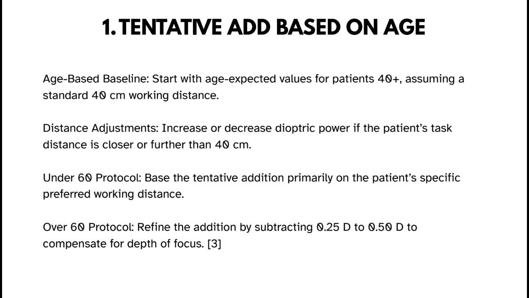The patient's distant power should be corrected. Let's say we have age 42, so the near add we put is plus 1, and if the patient says they cannot read, then we increase it by 0.25. So with plus 1.25 the patient can read N6 comfortably.